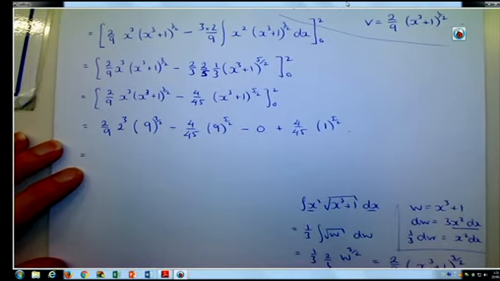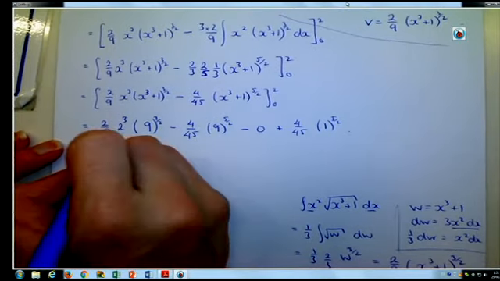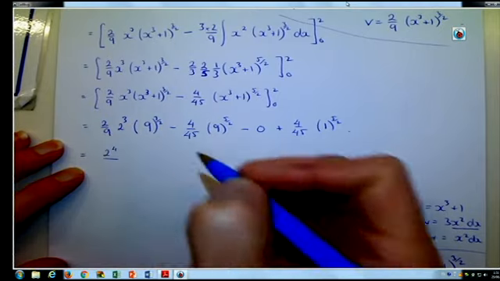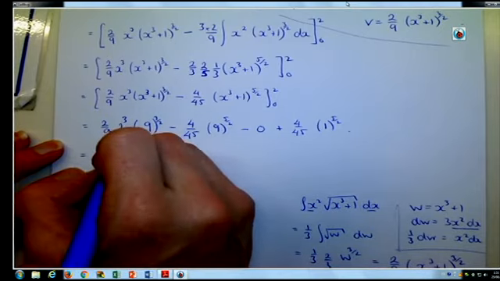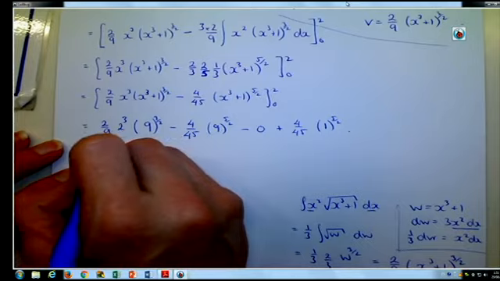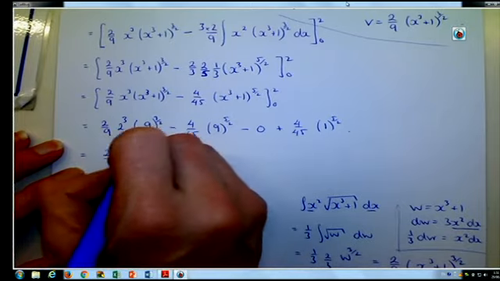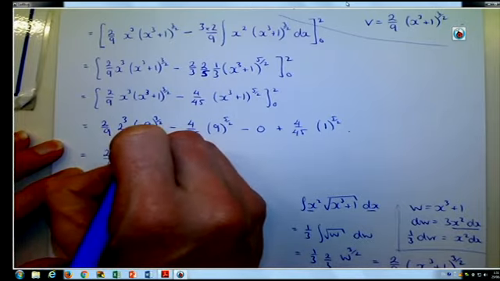Alright, this is just ugly, so I'm not going to do too much to this, except I might do 2 to the 4 over 9, and this one's going to be 3 cubed.